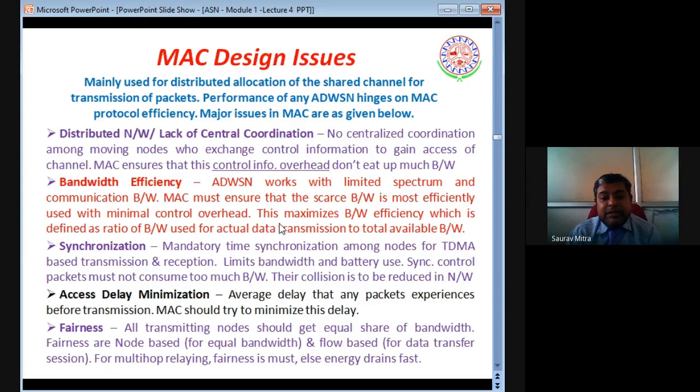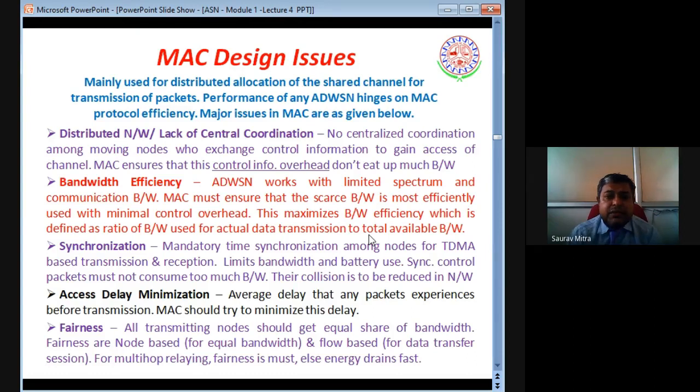So this maximizes bandwidth efficiency. The MAC's main job is to maximize the efficiency of bandwidth allocation so that the actual data transmission from source to receiver does not get hampered. So how you are maximizing the bandwidth for every node, that is the job of the MAC protocol.